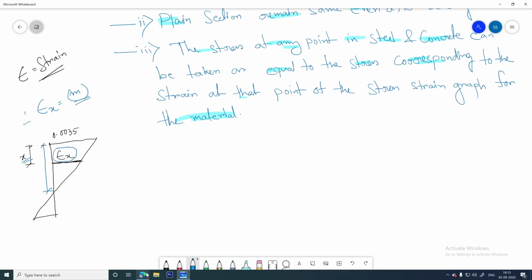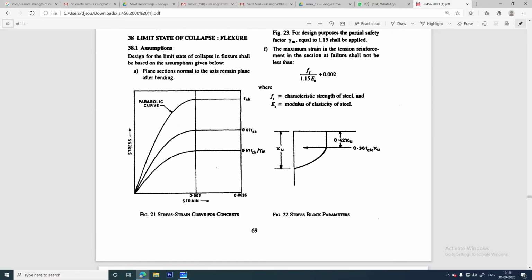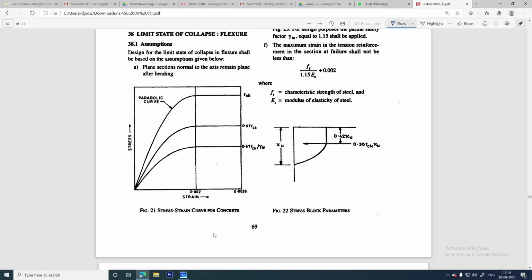For that you go to the code, and if you want to determine the stress for the concrete, follow this diagram. On this side you have strain and on this side you have stress. Depending on the value of the strain you can determine the stress for the concrete.